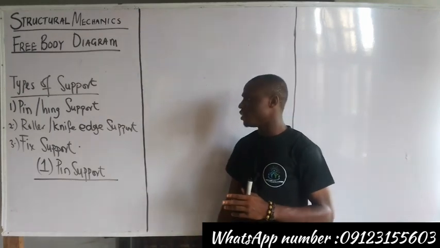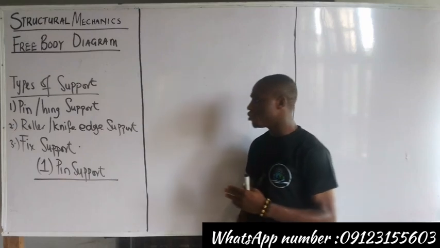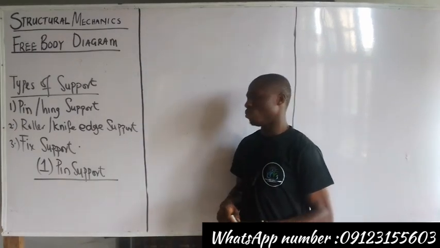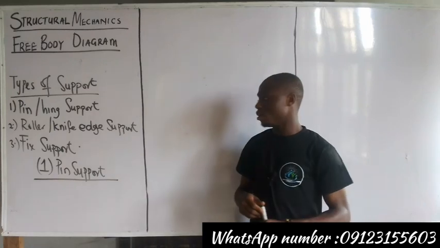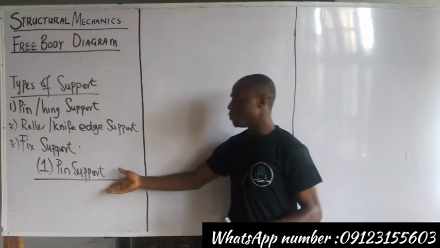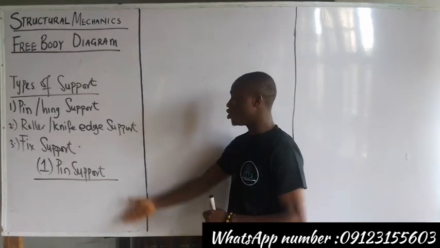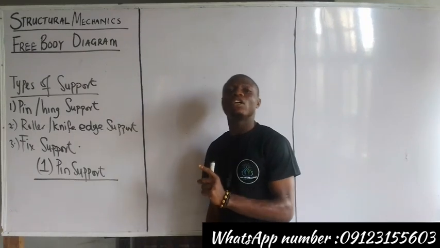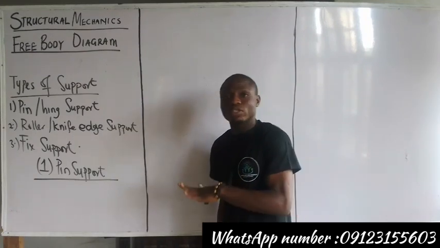Pin support is a kind of support that produces just 2 reactions, one vertical and the other horizontal. I said pin support is a kind of support that produces 2 reactions, one vertical and the other horizontal.